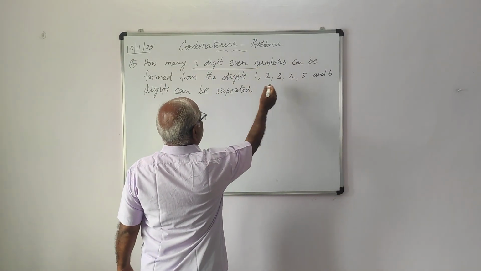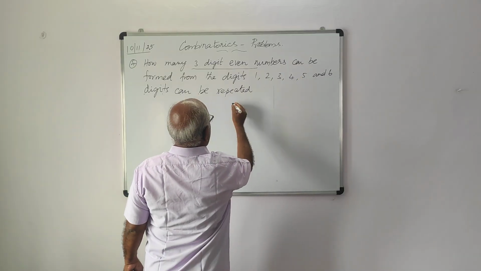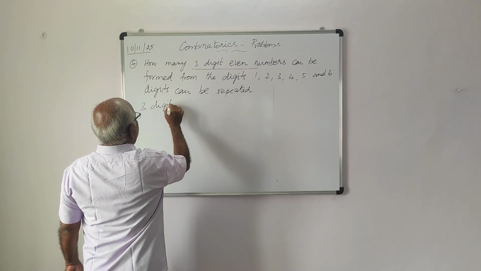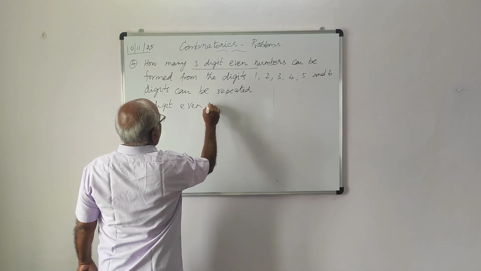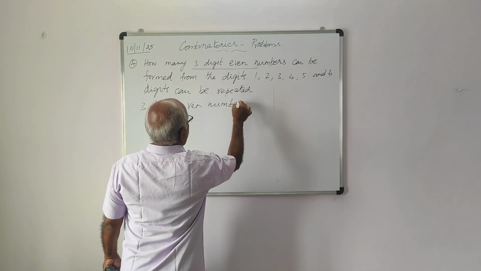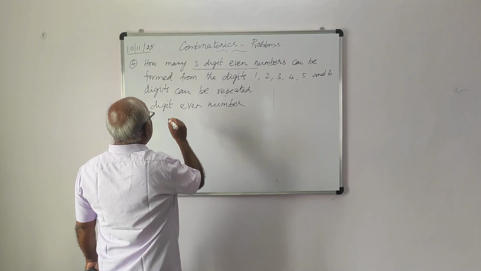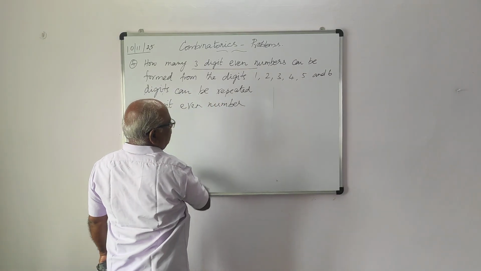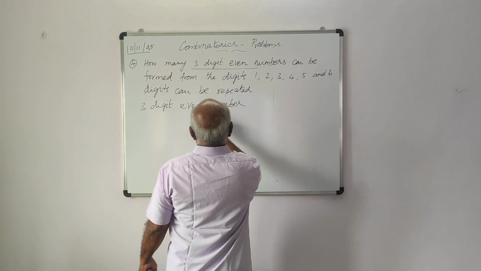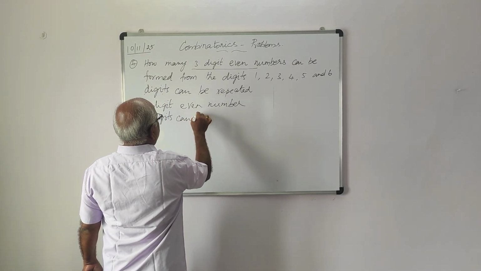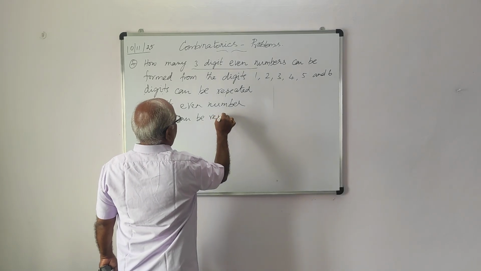So the total number of digits given to you is 6. We have to form a 3-digit even number. Digits can be repeated, repetition allowed.